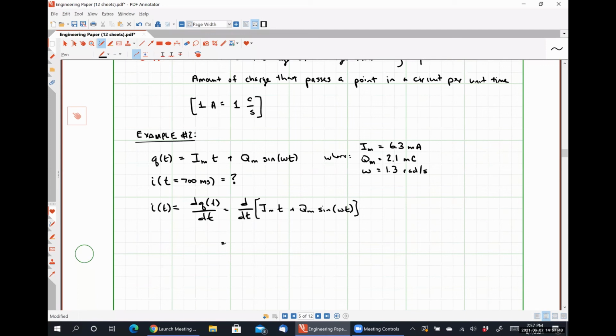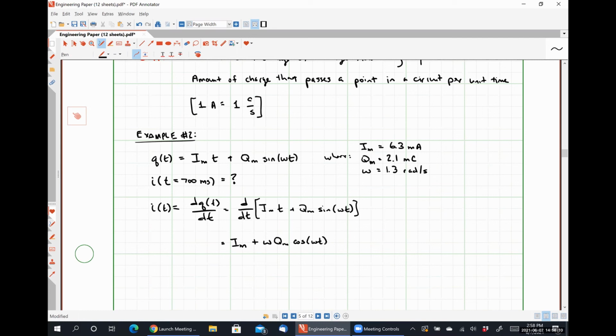The derivative of the first term is going to be just Im, right? The derivative of my second term, what's that going to be? It's going to be Qm cosine omega t. It'll be omega. You were right the first time. Qm cosine omega t.